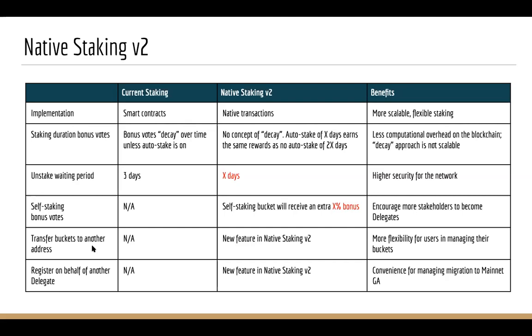This is convenient for users who have multiple accounts or want to migrate their votes to another account to aggregate, so this can provide some flexibility. And also registering on behalf of another delegate, which is meant to build some convenience for us to migrate over to Mainnet GA, which we'll dive into more about the migration right now.